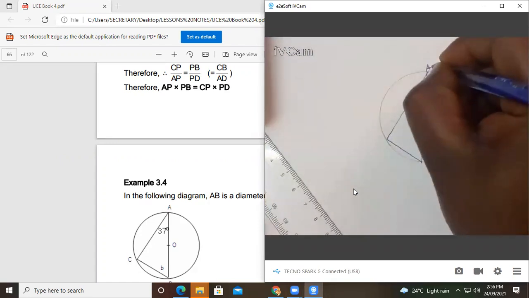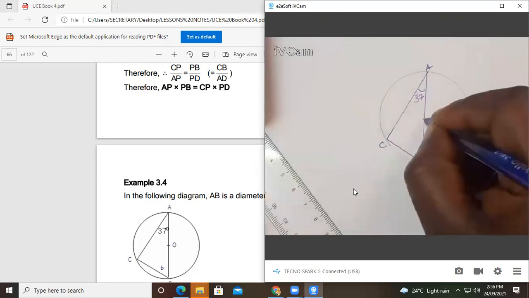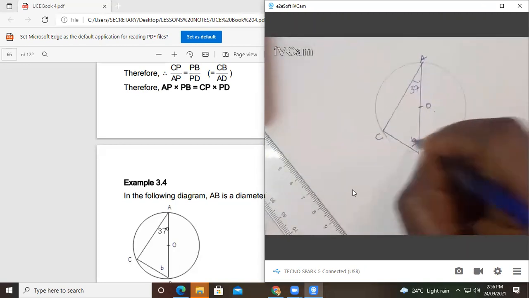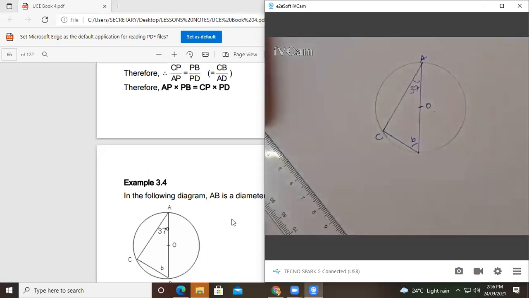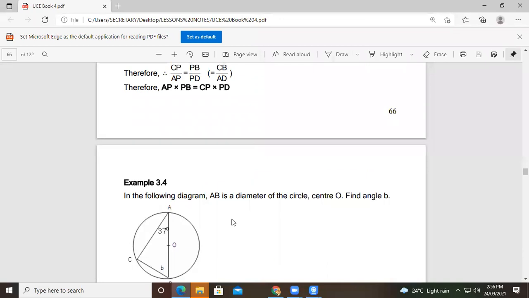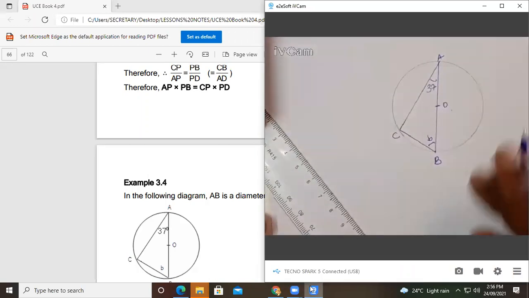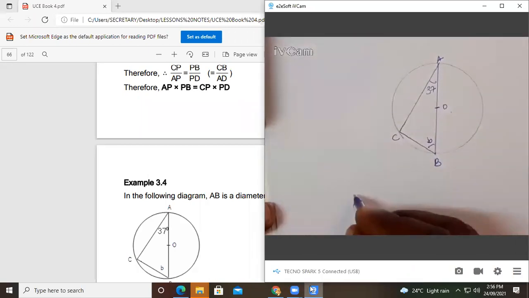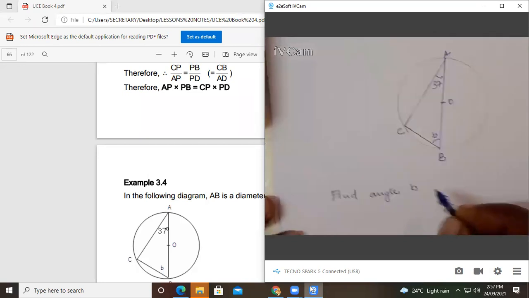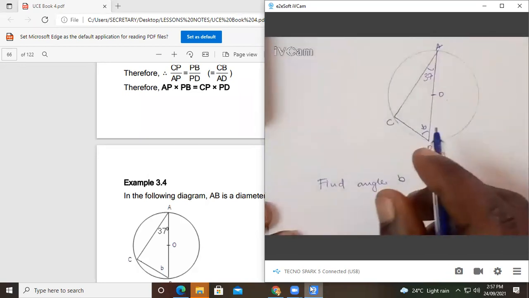This is A, this is C, this is O at the center, and this is B. They are saying find what? Find B. Find angle B. Okay, find the value of the angle B.